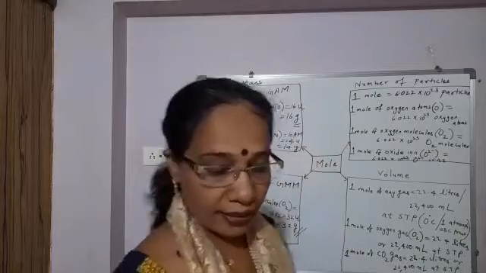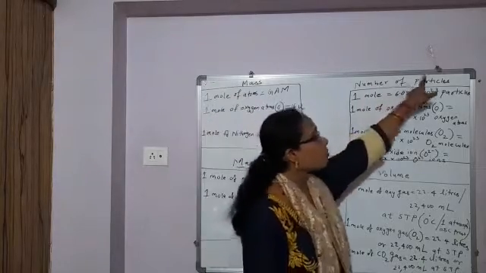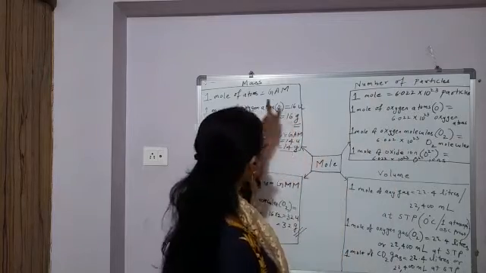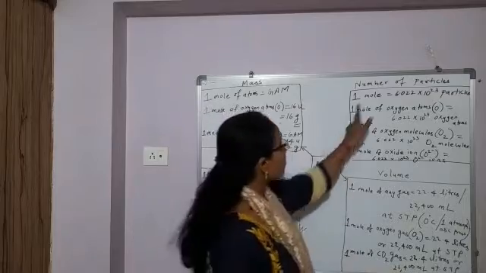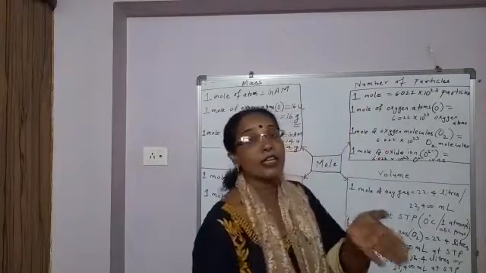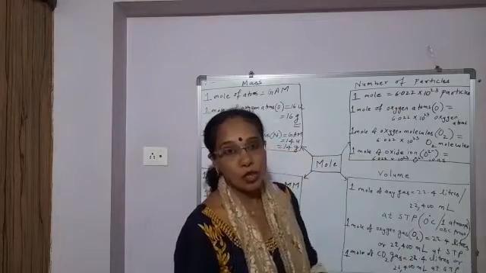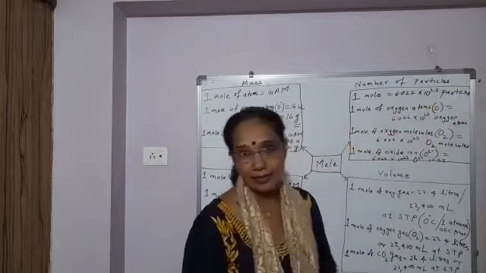So, what we find here, mole you can express in terms of number of particles, in terms of mass and in terms of volume. In terms of number of particles, 1 mole is equal to Avogadro's number. And what is Avogadro's number? 6.022 into 10 power 23 particles.